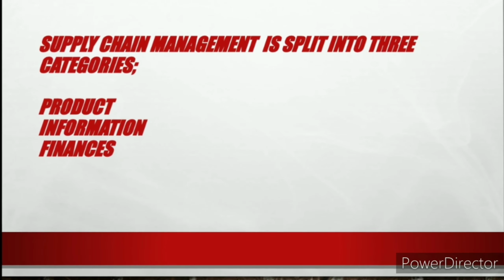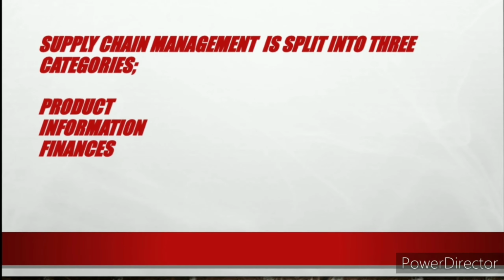The finances. The finances flow deals with payment, inventory management, billing, credit terms, and other workflows related to finance. However, typically supply chain management attempts to centrally control or link the production, shipment, and distribution of the product.